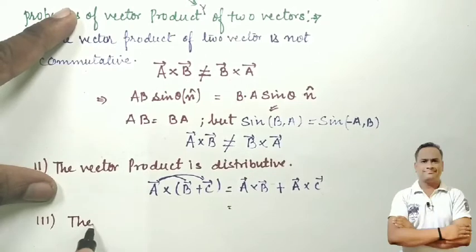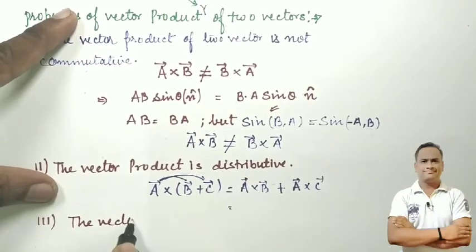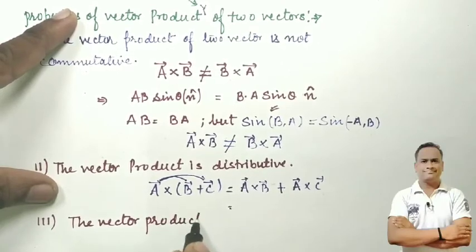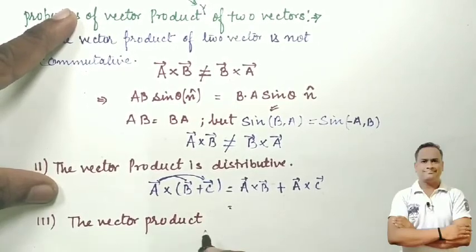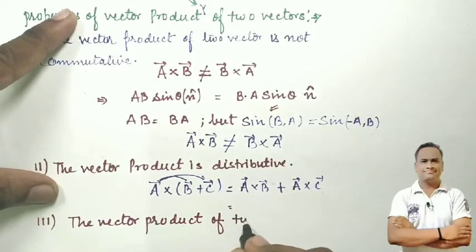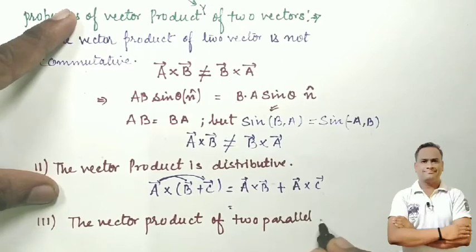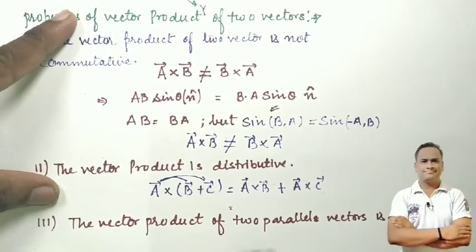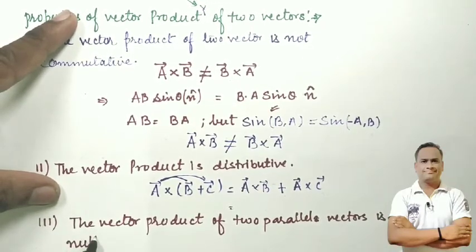Here I am writing, this is the third property of the vector product: the vector product of two parallel vectors is a null vector. Null vector means a vector whose value is 0.